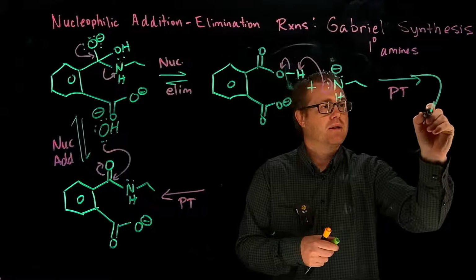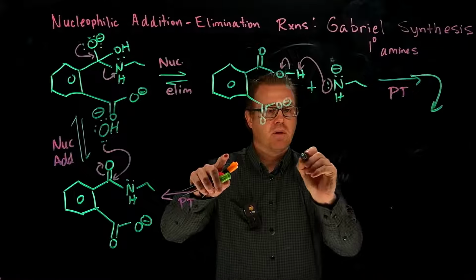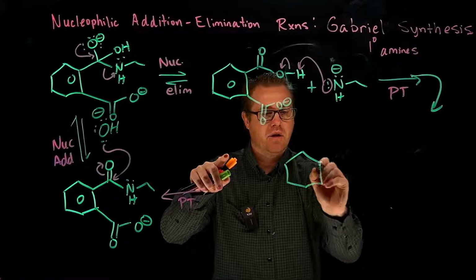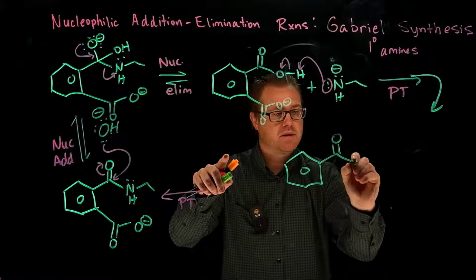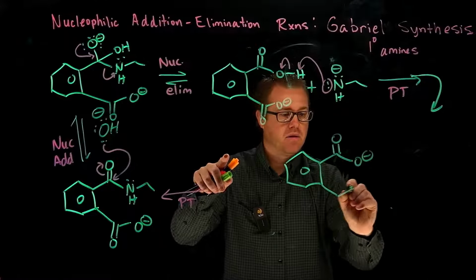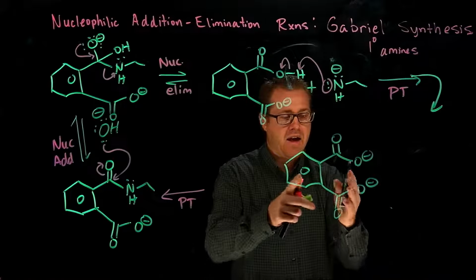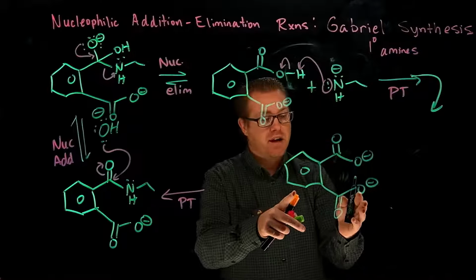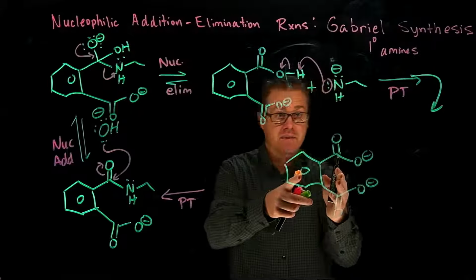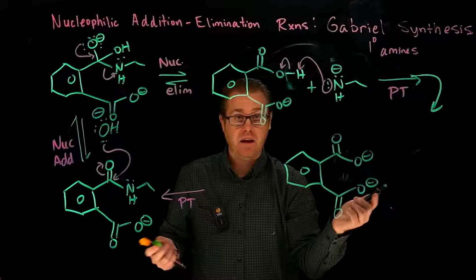So our product is going to be down here. So we're going to have a molecule with 2 carboxylates, like that. And if you wanted to isolate a dicarboxylic acid, you would treat that species with acid and protonate.